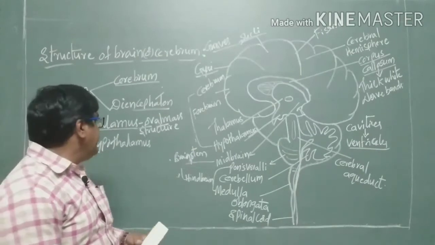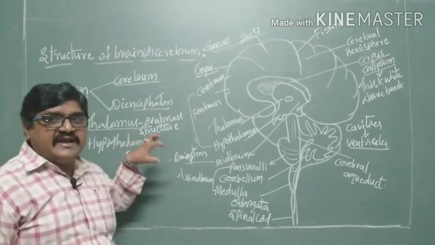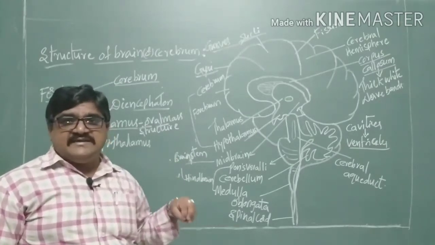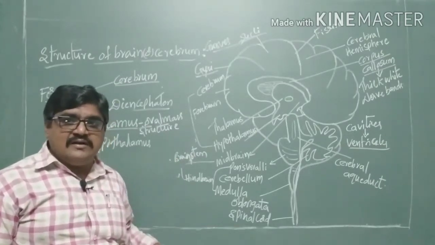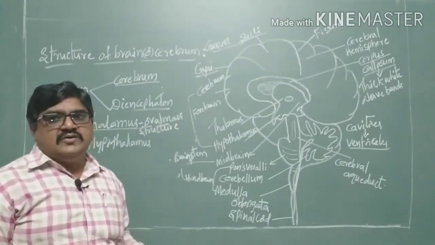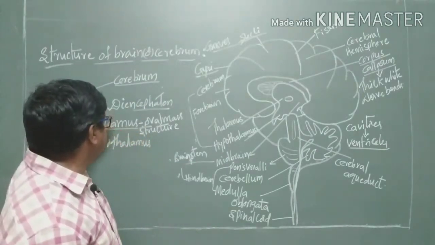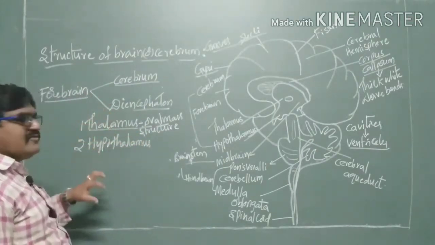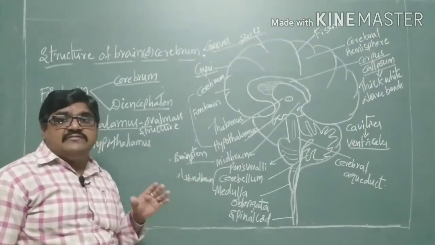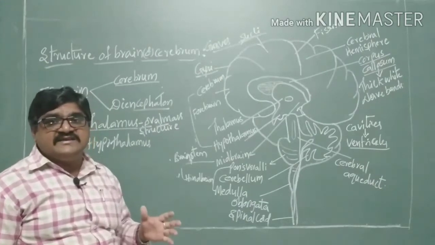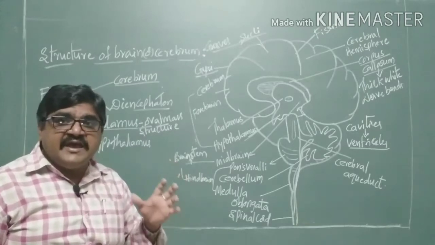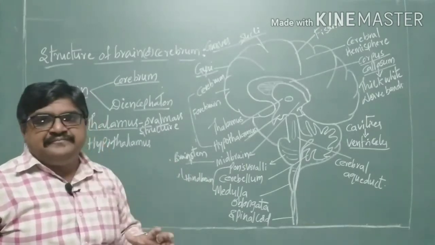In the thalamus, the third ventricle opens into the fourth ventricle of the medulla oblongata through the passage called the cerebral aqueduct, which is present in the midbrain.